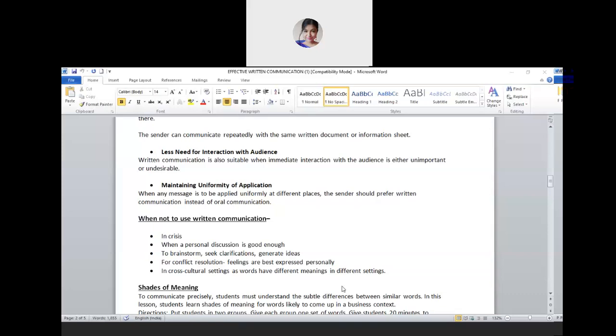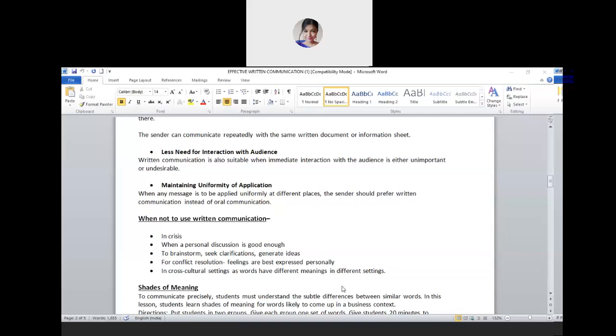You won't be able to pour all your feelings into a paper. All right, so when you have to solve a problem, find a solution, or resolve a conflict, you need to have a direct conversation with the other person.